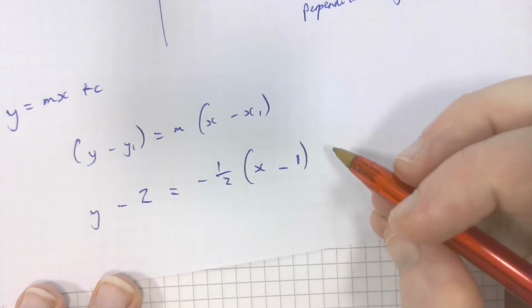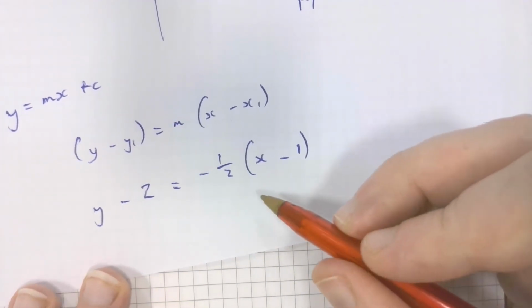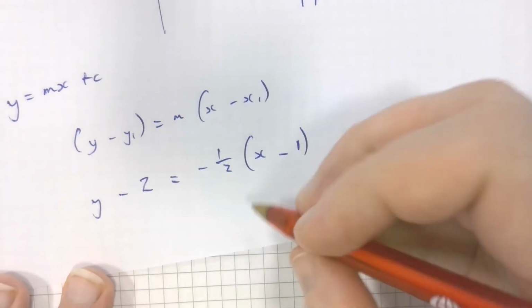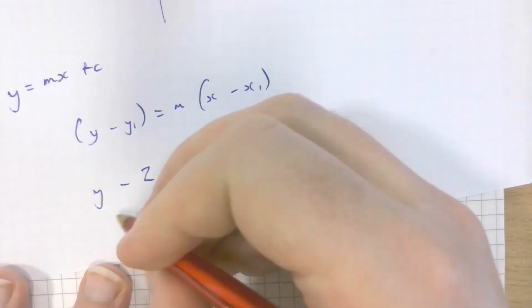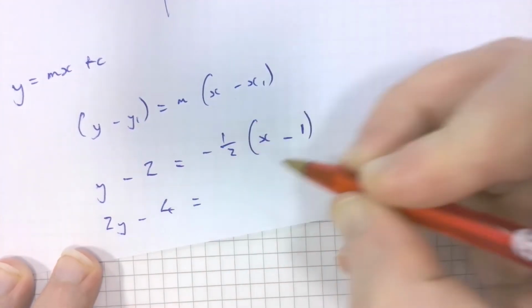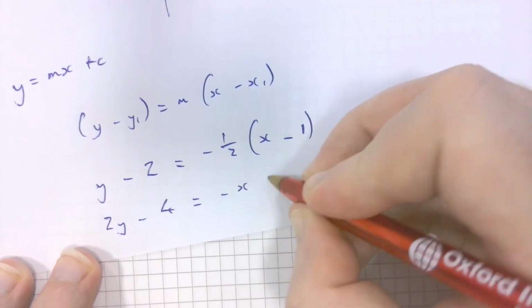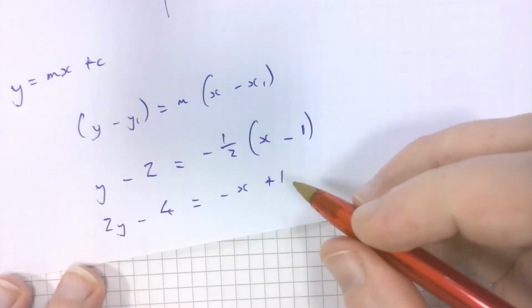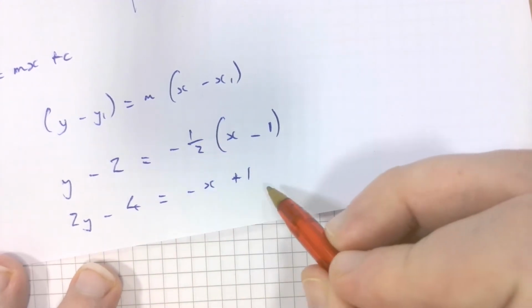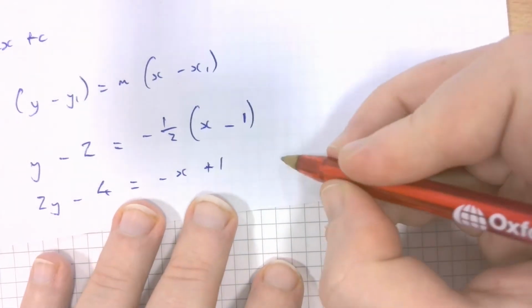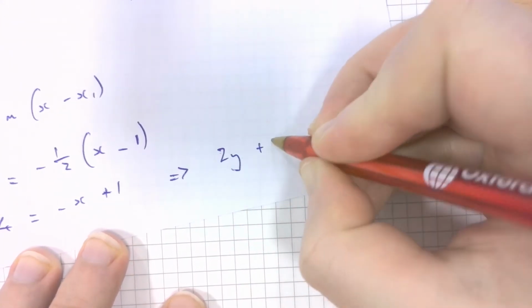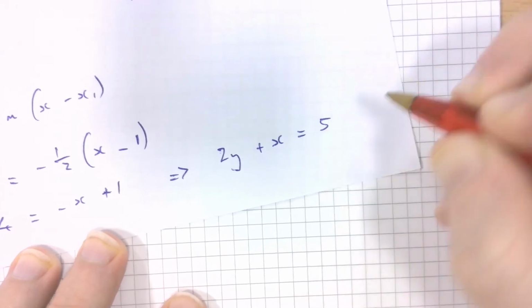This is an acceptable answer for the question, but we might as well do some rearranging. Let's times both sides by 2 to get rid of that half: 2y minus 4 equals minus x plus 1. Now, if I add 4 to both sides and add x to both sides, I end up with a form which is fairly presentable: 2y plus x equals 5.